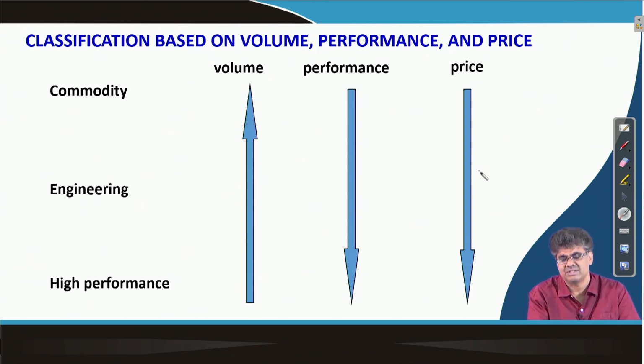So, price is also intermediate and performance is also intermediate. So, based on the volume of the polymer used in the total market and its performance and price, we can also classify polymers into commodity, engineering and high performance.